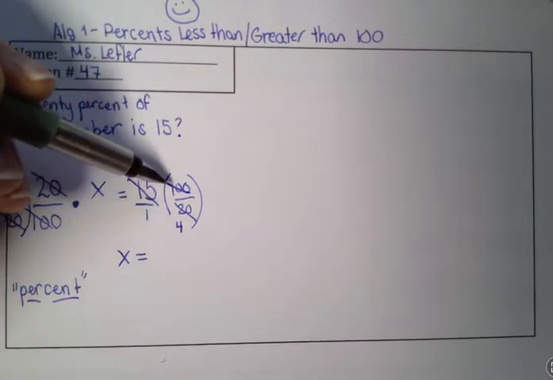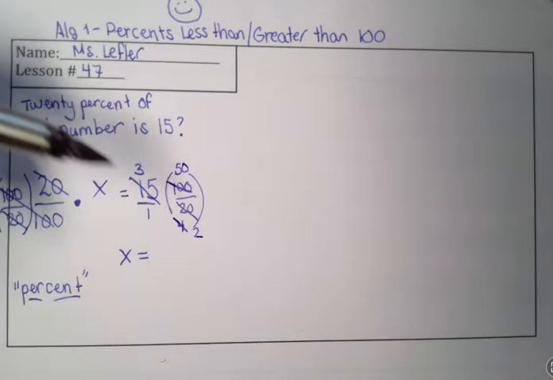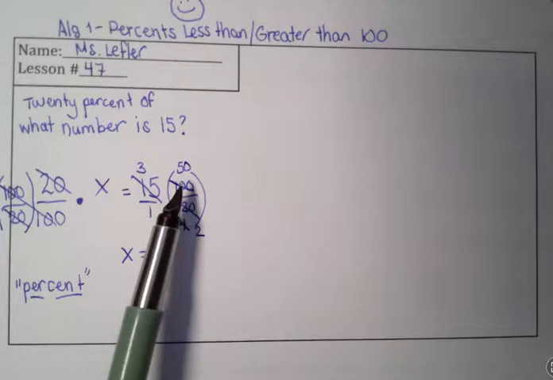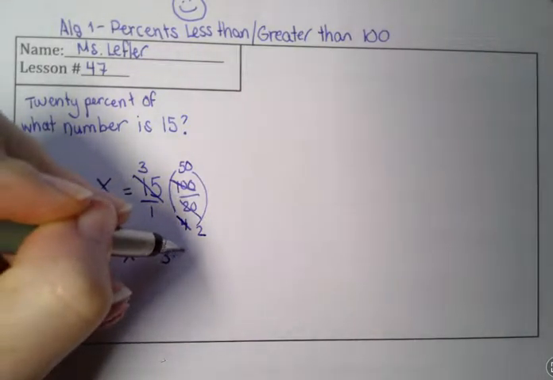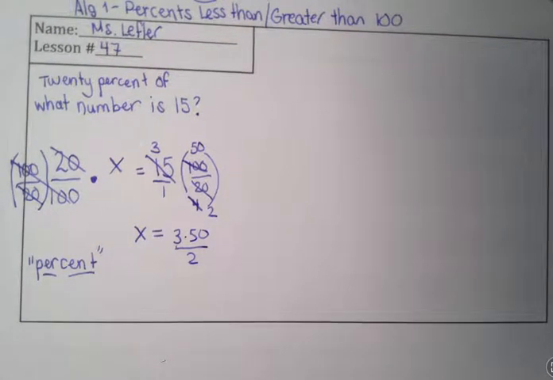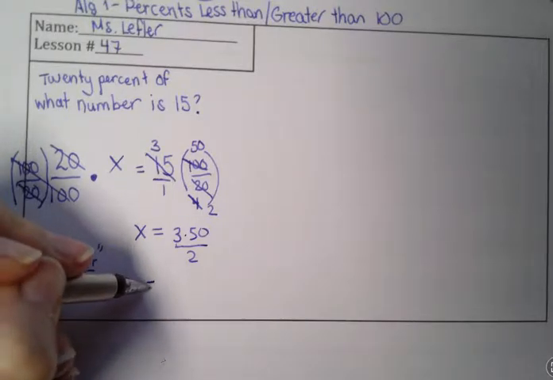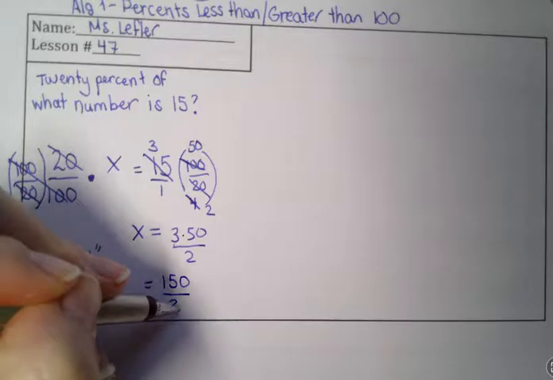So 100 would become 50 and 4 would become 2. So now I really have 3 times 50 over 2, which would simplify to 3 times 50 would be 150 over 2.